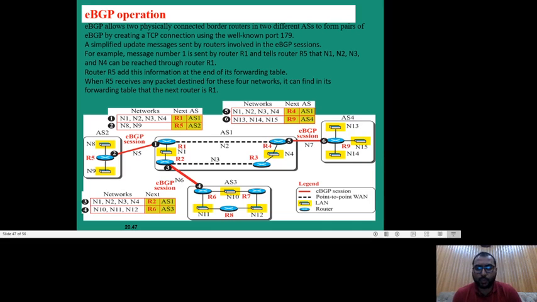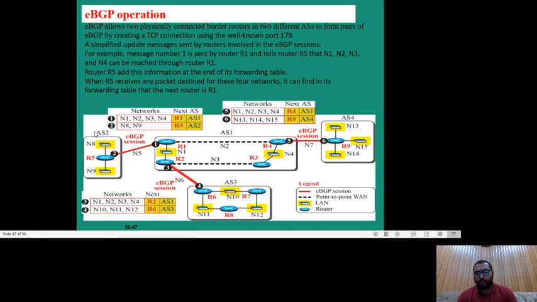When we say path vector routing protocol, there are basically three entries: the networks that are connected in these autonomous systems, the next router which is responsible for connecting to that autonomous system, and the autonomous system itself. So three entries: autonomous system, next, and networks.